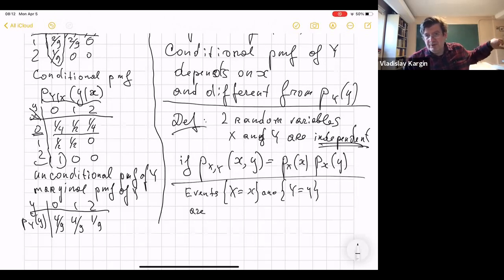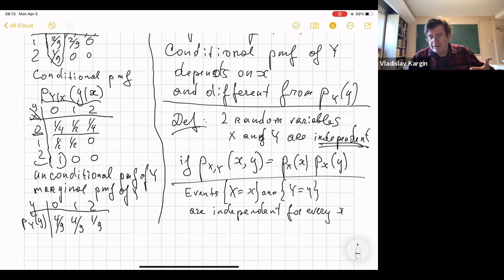We talked about independence of events, right? Here we're talking about independence of random variables. To connect it, the events x equal to x and y equal to y are independent, but it should hold for every x and y.